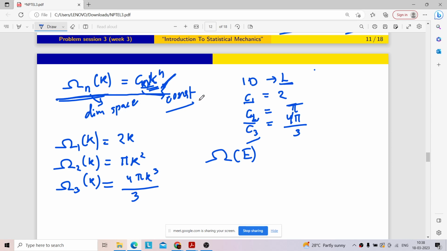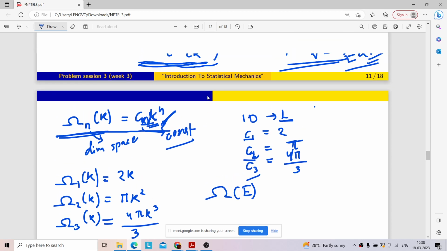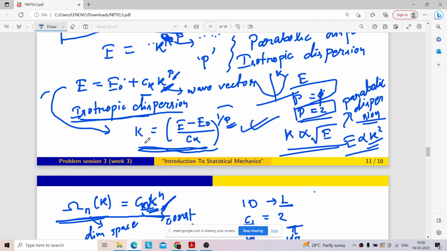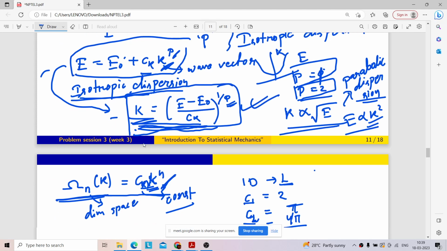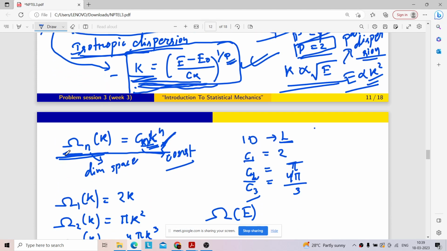In the previous slide, I took this dispersion relation, which is derived from here. I took some general form between E and K, and I derived for K. Now I can put this K in my volume here.